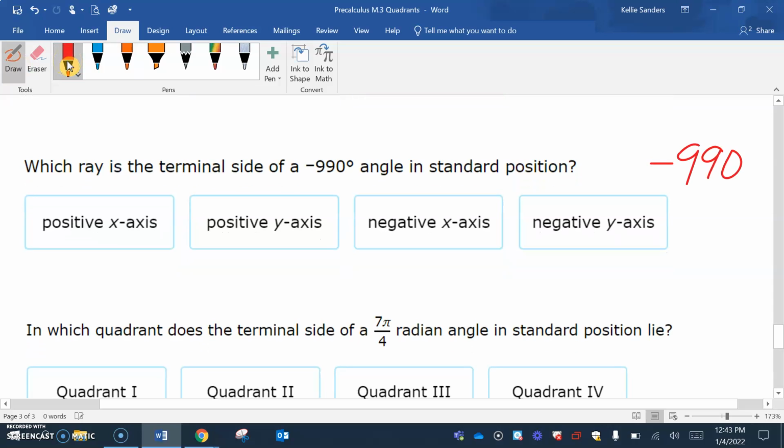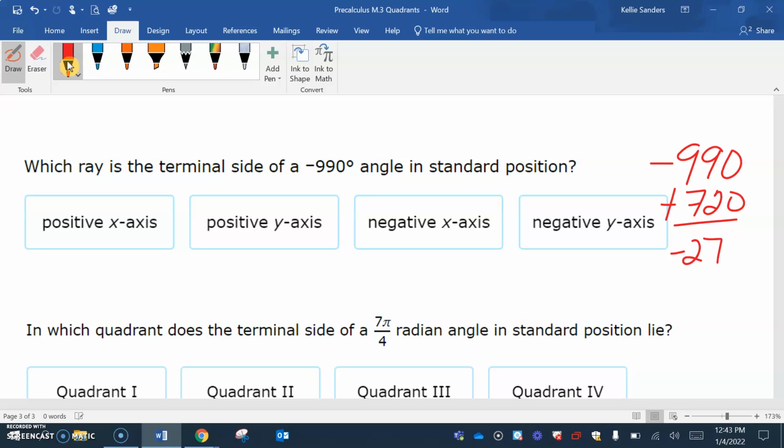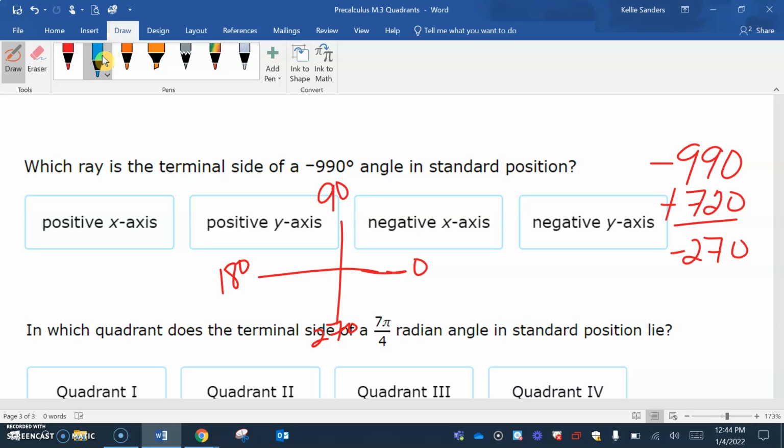Negative 990 plus 720. Negative 270. So if this is 0, 90, 180, and 270, this is 0, negative 90, negative 180, negative 270, negative 360.